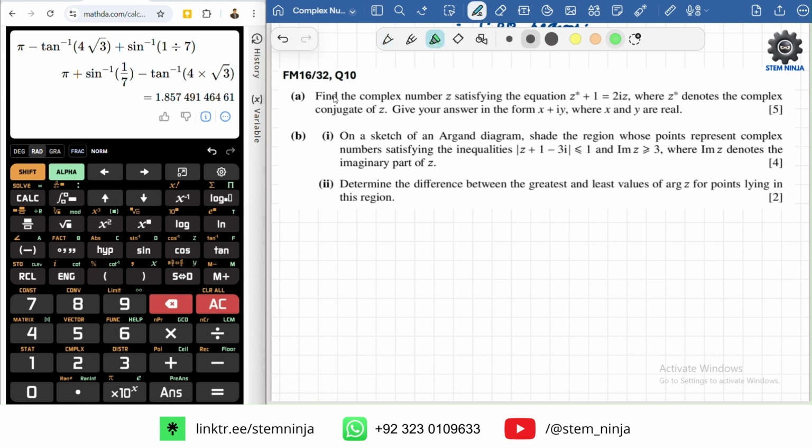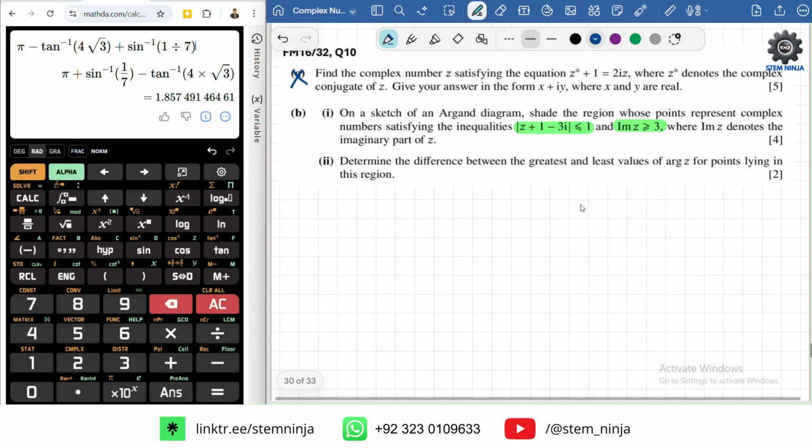Okay, we don't need the A part now. On a sketch of an Argand diagram, shade the region whose points represent complex numbers satisfying this. This is a circle. And imaginary z greater than 3 basically means y value greater than 3. So, first off, we just need to define this. This is z plus 1 minus 3i equals to 1.